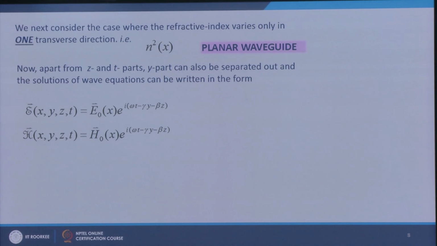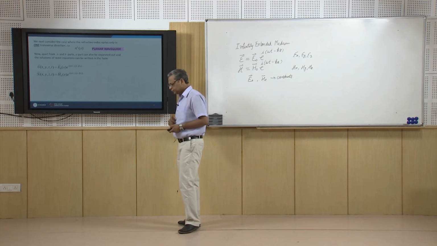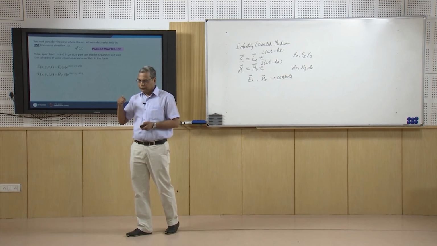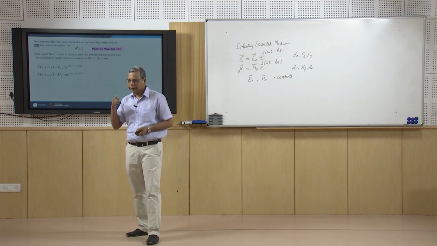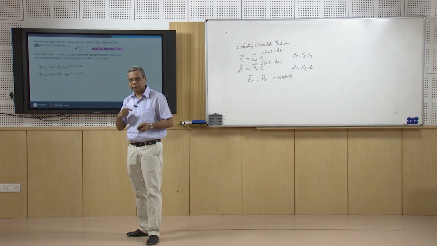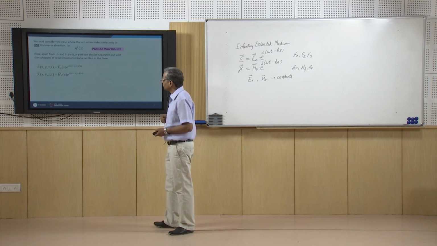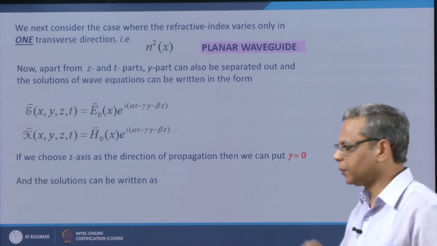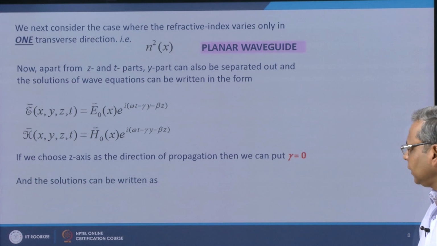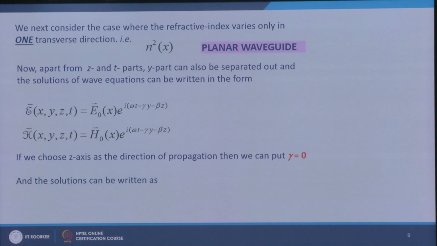What I can do, I can always choose my direction of propagation. If the light is propagating in this direction, I can label it as z or I can label it as y, it is up to me to choose my axis. So, I choose the z axis as the direction of propagation, then without loss of generality I put gamma equal to 0.